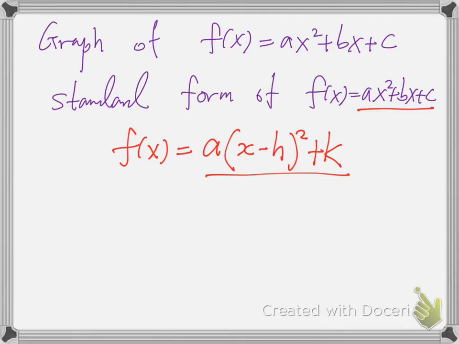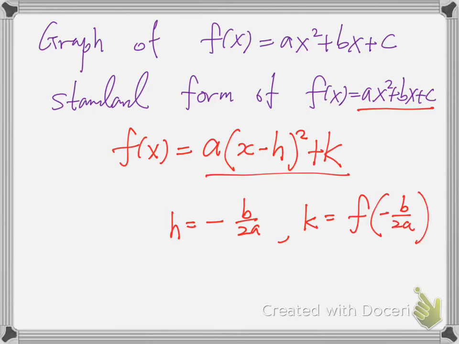And how do we change to that form? We have a formula. h is negative b over 2a, and k is f of negative b over 2a.